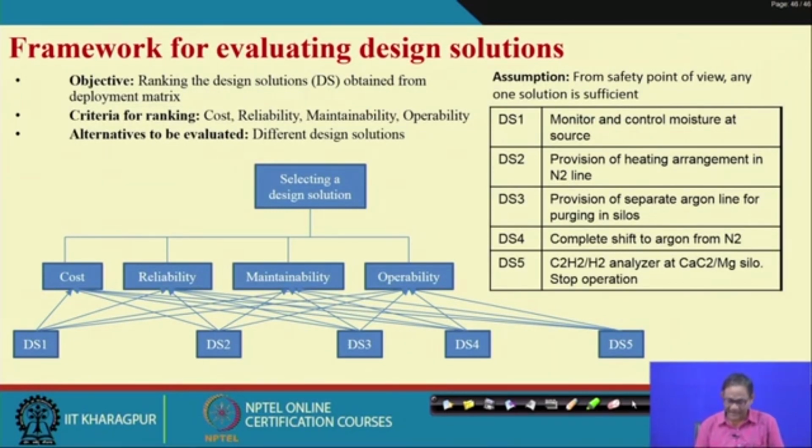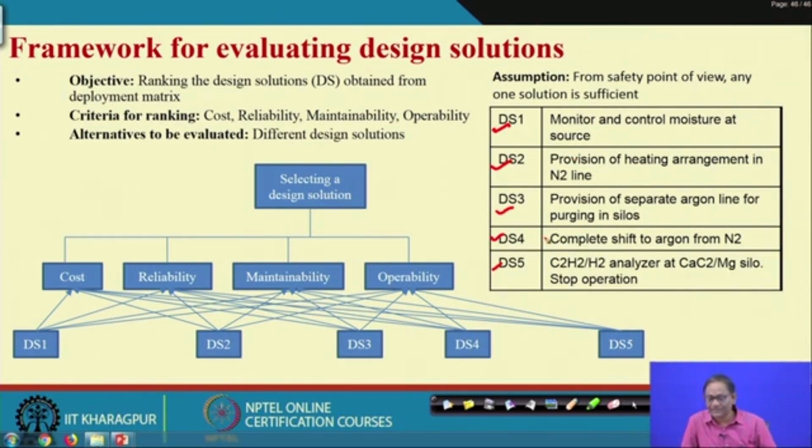If this is the case, then you require to find out the best design solution, and that is what is known as ranking of design solutions. We have some important assumptions here. One is that from the safety point of view, any one solution is sufficient. Suppose you have identified 5 design solutions, and we are saying that with reference to that particular hazard, any one of them is sufficient.